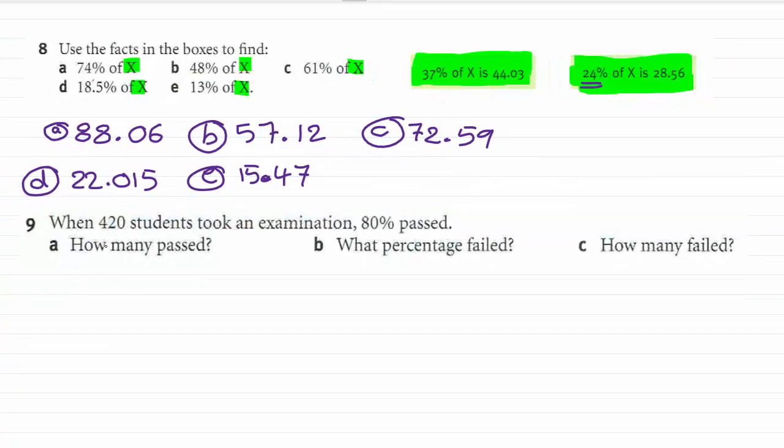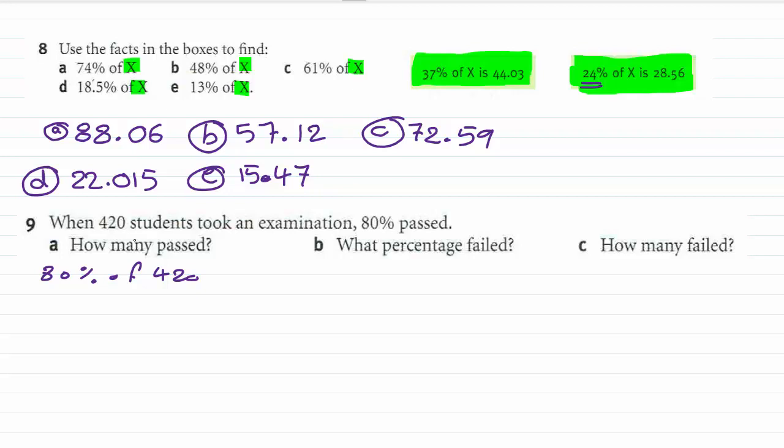Okay, this question: 420 students took an examination, 80% passed. So how many passed? 80% of 420 passed the exam. How can we work this out? We can cancel 2 zeros, then multiply 8 by 42 if you are not using a calculator.